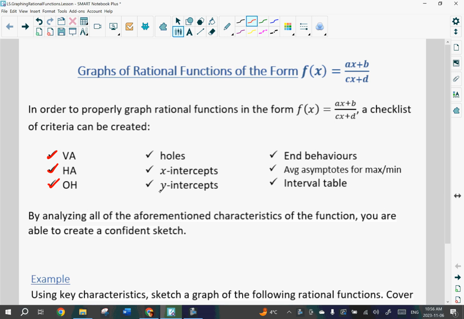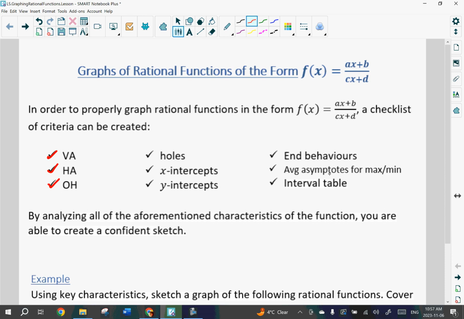So check for everything. Then depending on the type of graph, you might have to check your end behaviors close to the asymptotes. You might have to average the asymptotic value to be able to find a local maximum or minimum. If it's one of those rationals that looks like a quadratic in the middle, it's got a parabola part. You've got to find how high and low those go.